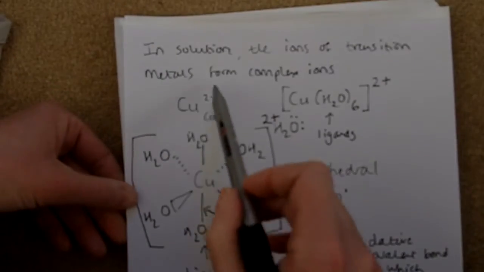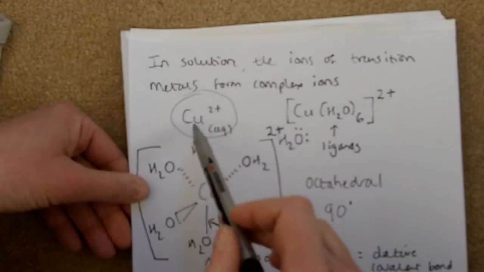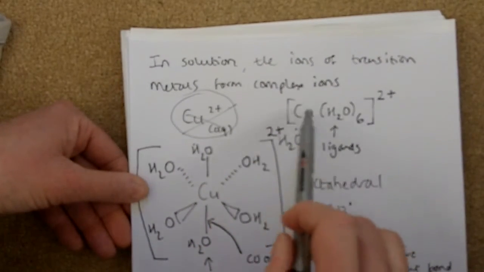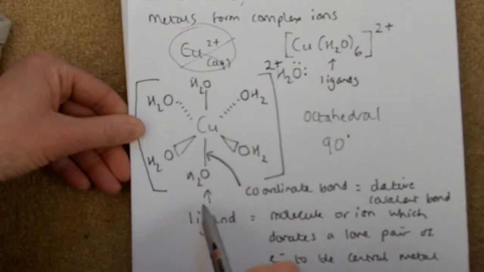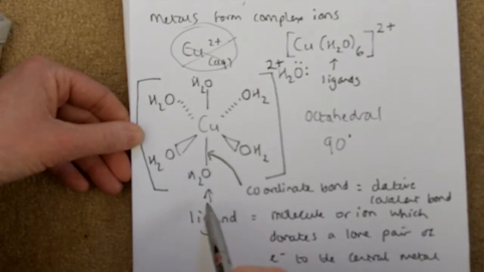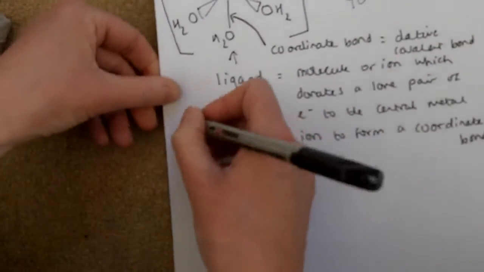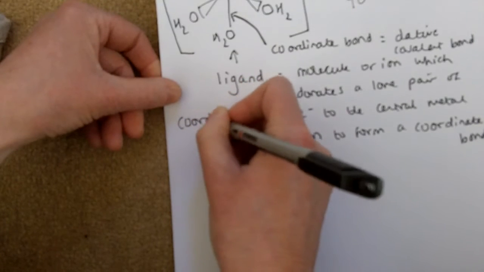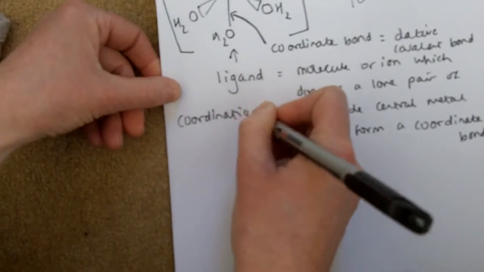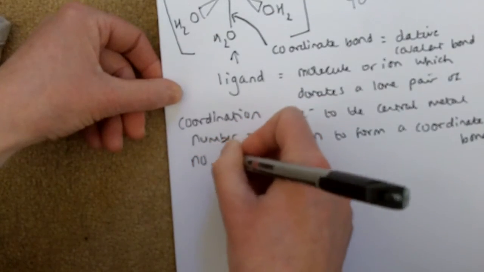So when we represent Cu2+ in water, in solution, it's not really like that. It's actually surrounded by 6 water molecules. The water molecules are called ligands. The whole thing is called a complex ion and forms coordinate bonds. Right, the coordination number is just the number of coordinate bonds.